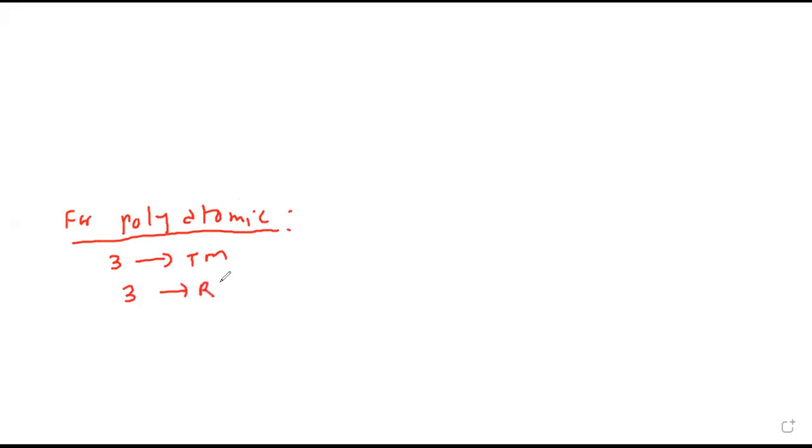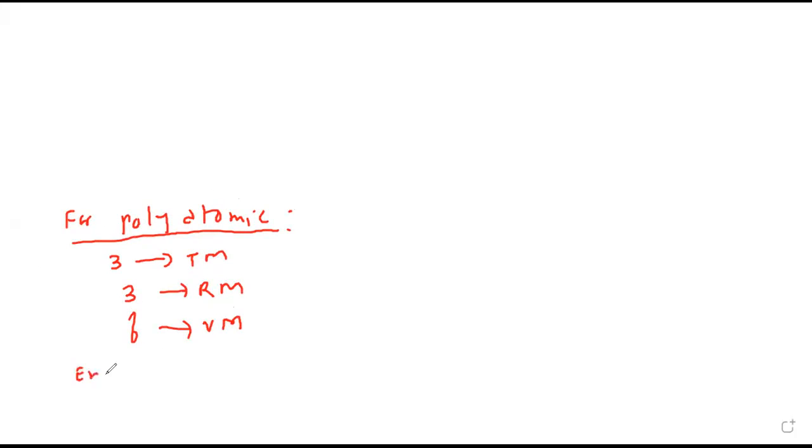Now, for polyatomic gas, we are interested in what gamma is from degrees of freedom. It has 3 degrees of freedom due to translation, 3 degrees of freedom due to rotation, and F degrees of freedom due to vibration.